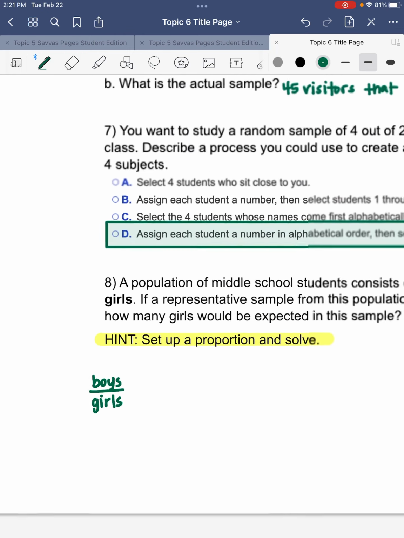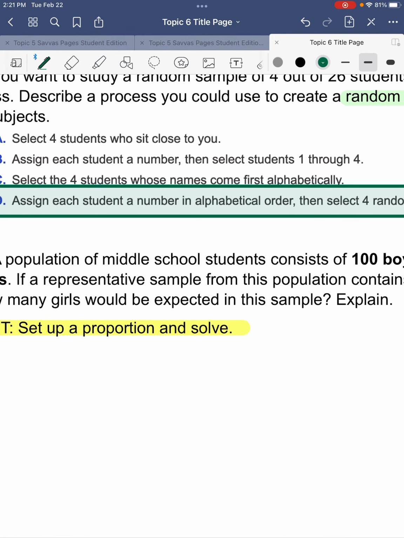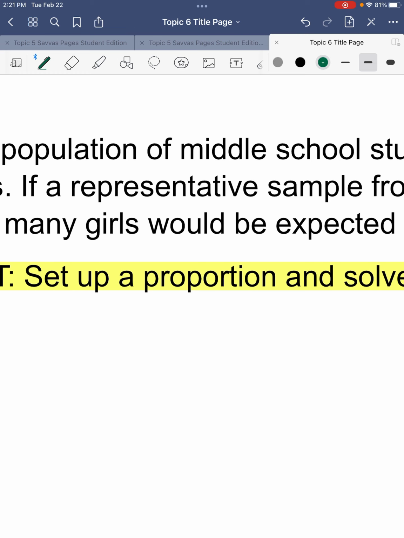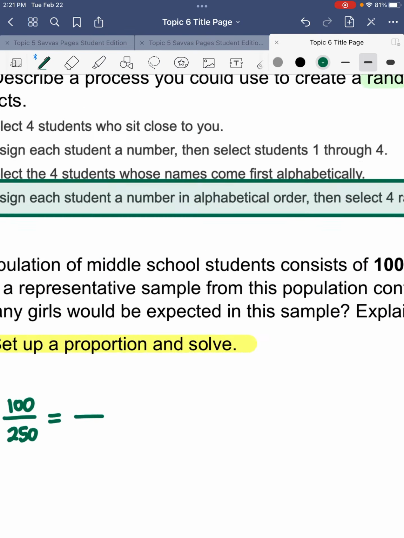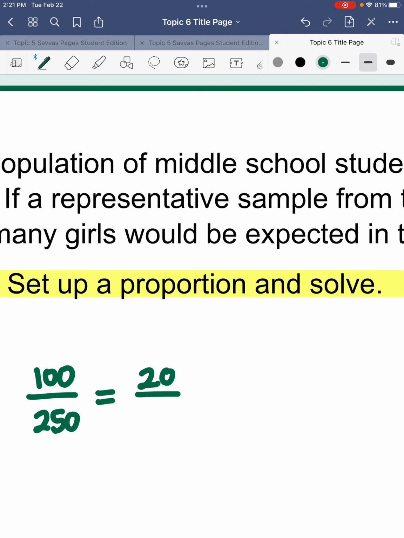Okay, so we know that the population is 100 boys to 250 girls. Now I'm going to set that equal to another fraction. So if the sample has 20 boys, how many girls? So now I'm just going to cross multiply and solve. That's one way that I could do it. I could cross multiply, or I could figure out how do I go from 100 to 20.